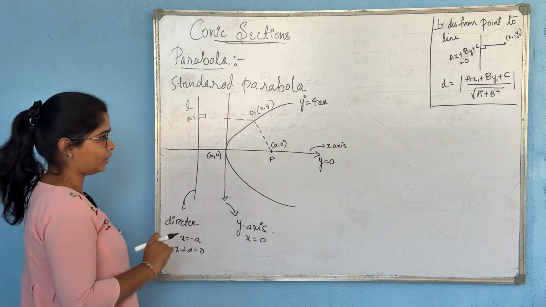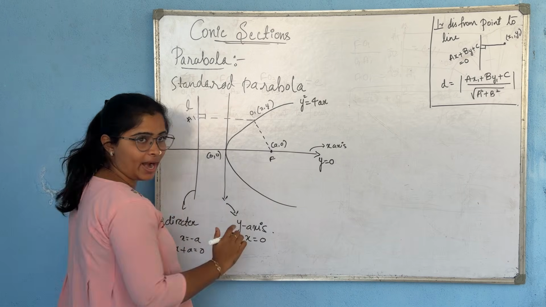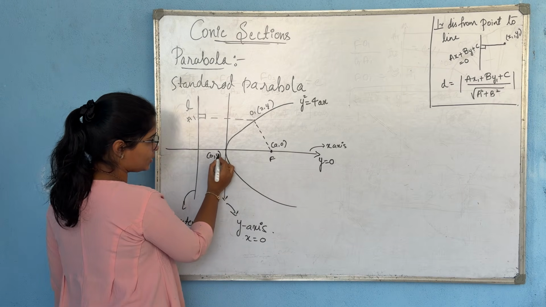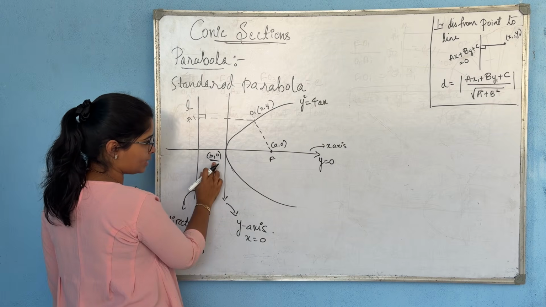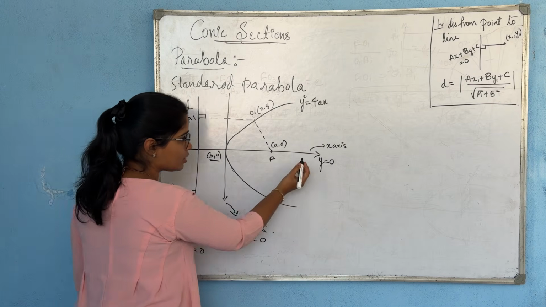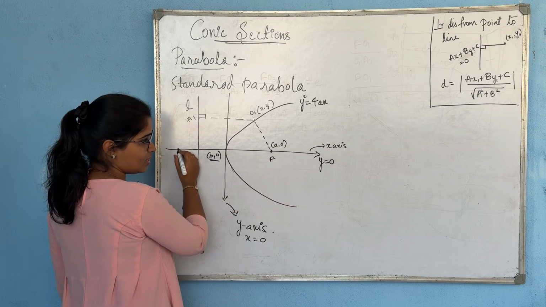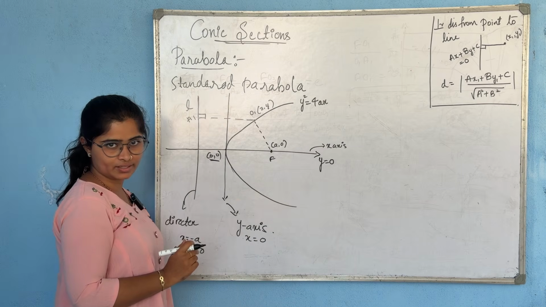If you observe properly, this is the y axis and this is the x axis. And I am drawing a parabola whose vertex is touching the coordinate 0, 0. Clear? The x axis and y axis: y equals 0 is the equation of the x axis, right?